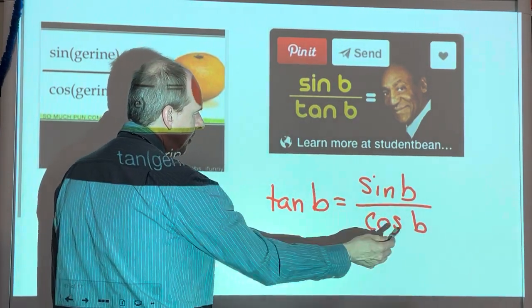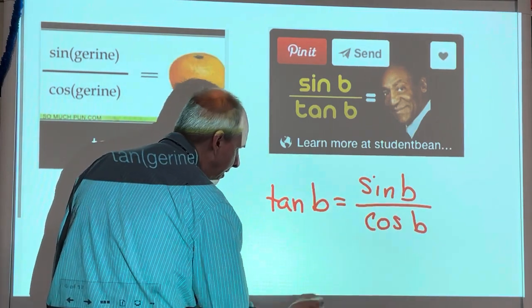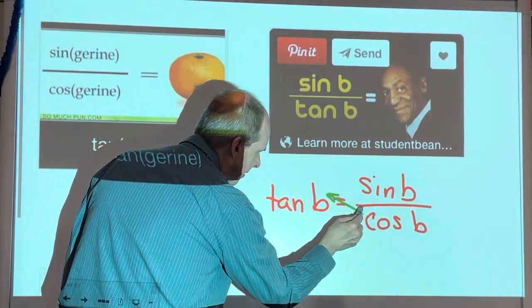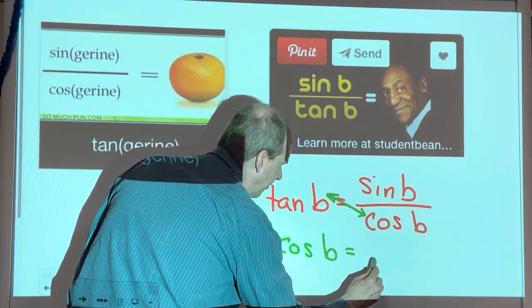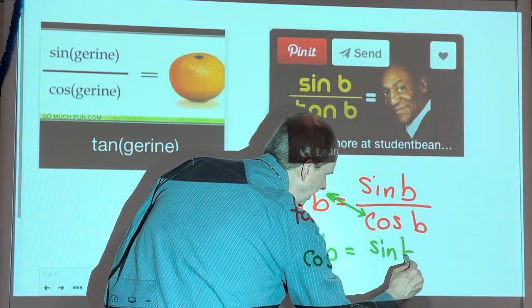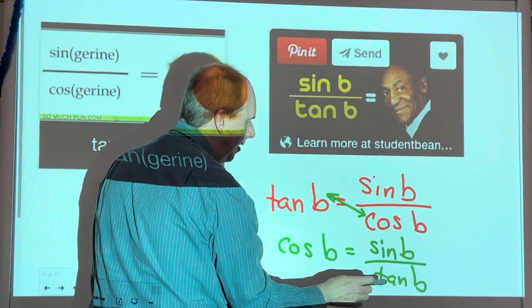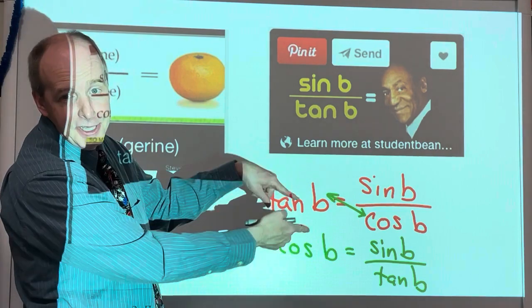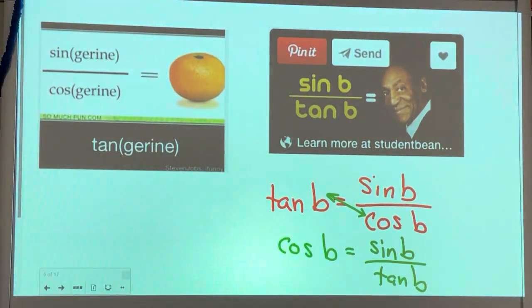So if I were to cross multiply and I switch cosine and tangent, that would tell me that cosine of B is equal to sine of B divided by tangent of B. That's what we have. Sine of B divided by tangent of B is Cosby. Bill Cosby. He was an actor, comedian. He got in a little bit of trouble a few years ago, but yeah.